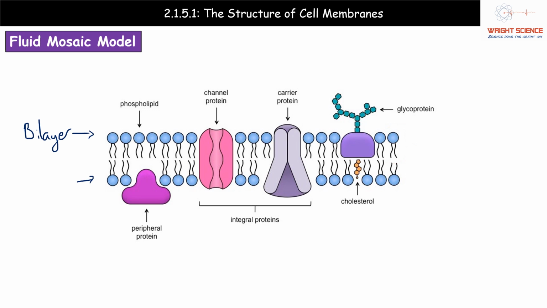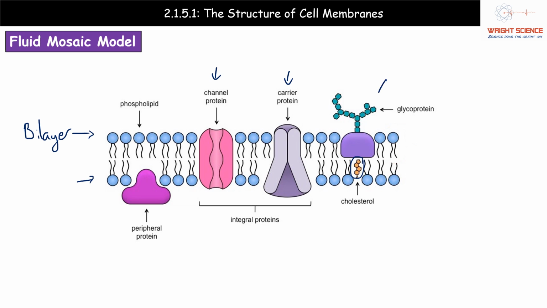What we then have are these different proteins that we mentioned. So we've got a channel protein and a carrier protein, and you can see these actually span the full width of that phospholipid bilayer. So they're providing some kind of an access point across that membrane. We then also have little molecules of cholesterol which are embedded around those fatty acid tails, as we can see.